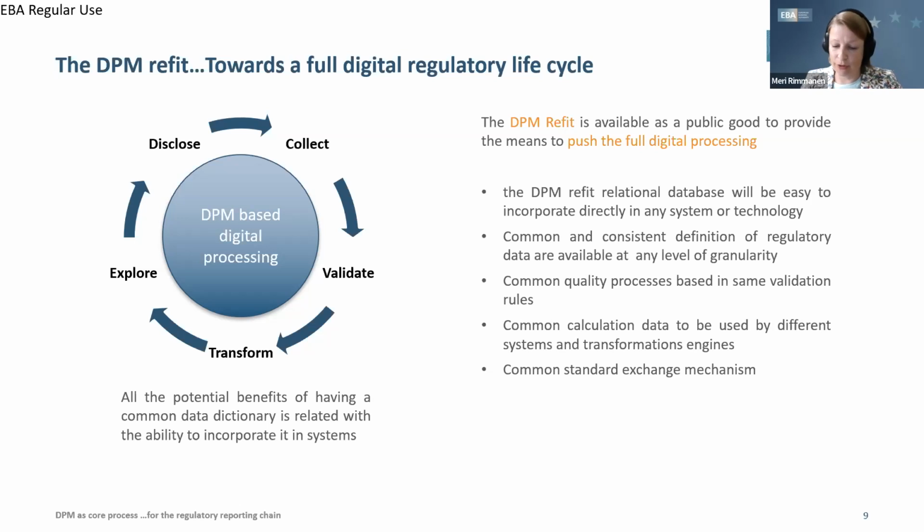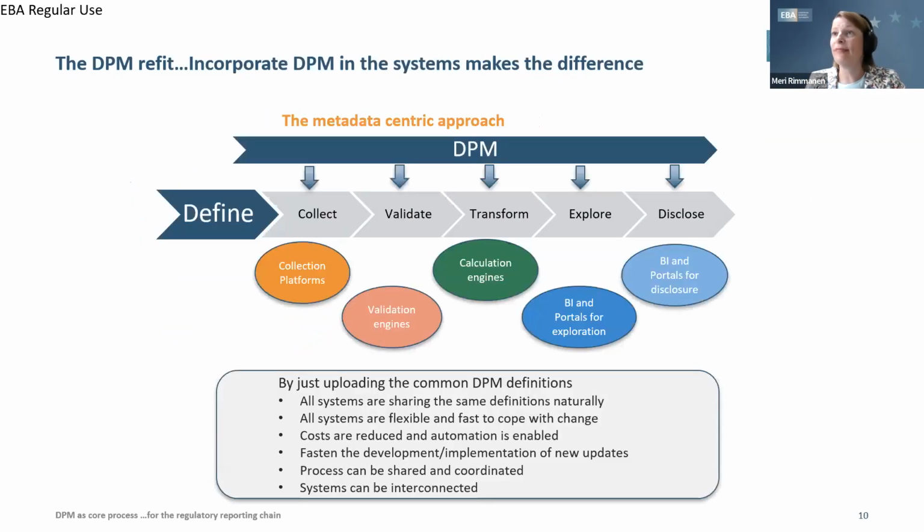We continue with the common consistent definitions. We apply different levels of granularity. So even if traditionally lots of the supervisory reporting is aggregated, we also have granular reporting in the DPM. We can implement also, as Anna Teresa mentioned, common data quality processes with validation rules and calculation rules, and then applied with a common standard exchange mechanism as well, which the DPM then supports the development of.